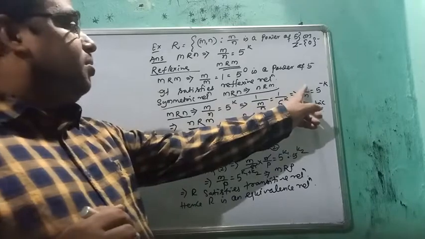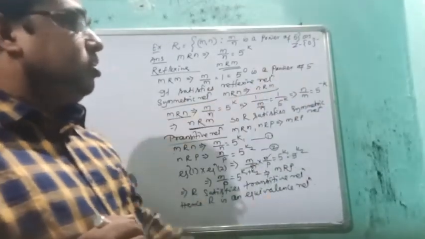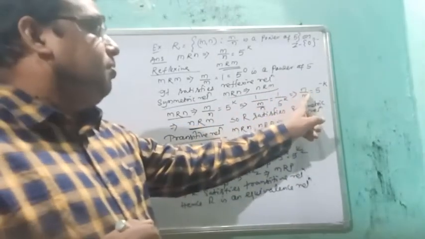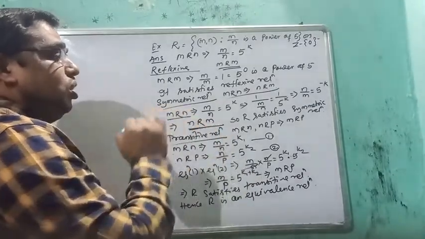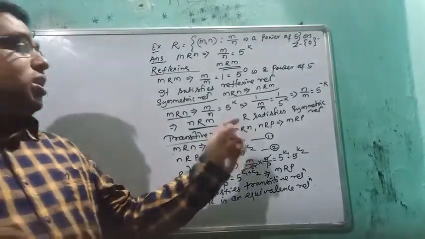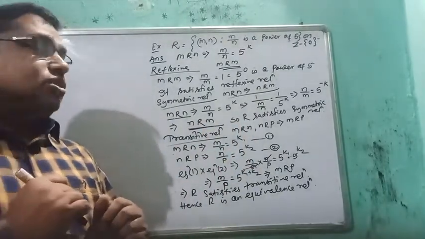Clearly minus k is also an integer, so it is also a power of 5. So n/m is a power of 5, so you can say n is related to m. Since m is related to n implies n is related to m, R satisfies the symmetric relation.